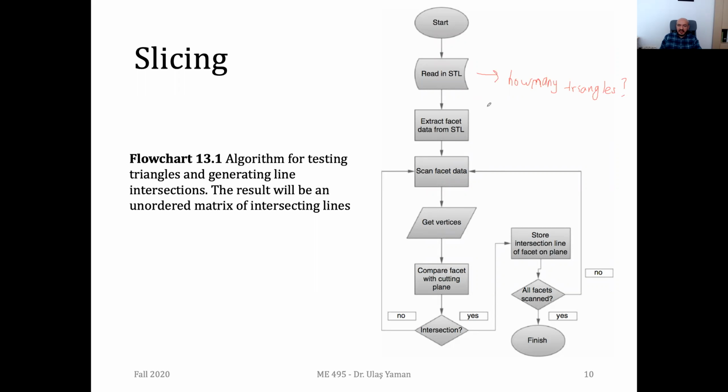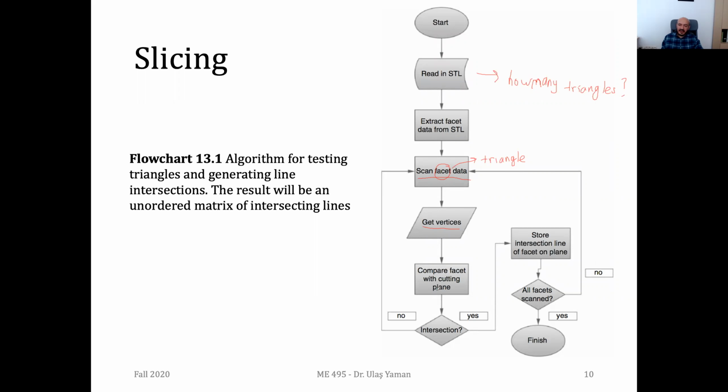And then after we get this information, we start scanning all these triangles. So a face is a triangle. We have a kind of a for loop here. We start processing each triangle one by one.